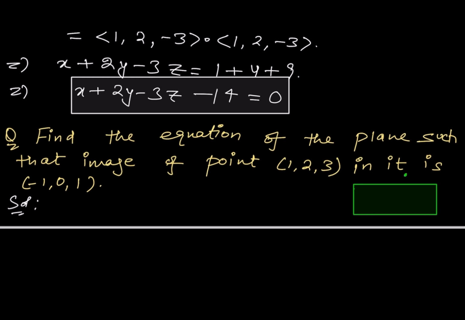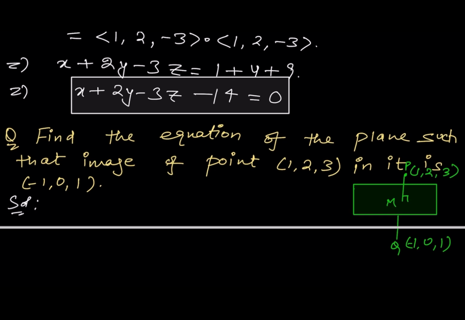Say this is point P, (1, 2, 3). Its image is Q, which is (minus 1, 0, 1). So if P and Q are given, here in this case Q is the image of P, so we can take the midpoint of PQ, which is of course lying on the given plane, right?